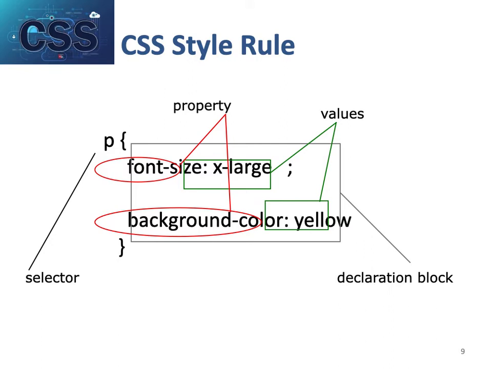In this demonstration, p is the selector, that is an HTML tag, the paragraph tag, and properties and values are paired using a colon: font-size colon x-large, background-color colon yellow, and these property value pairs are separated using a semicolon. This is how a CSS style rule is applied on a selector. Here the selector is the paragraph tag, p tag.